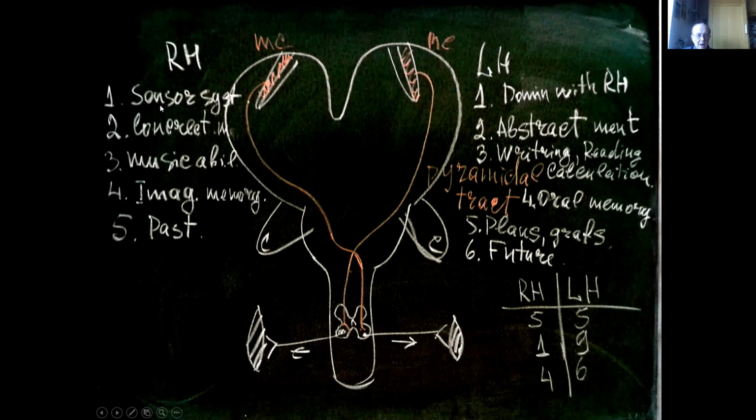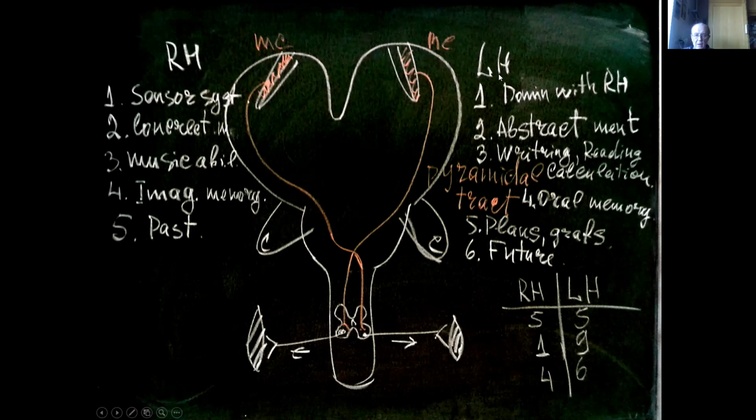But the right hemisphere depends not on the dominated motor cortex. The work of the associative cortex depends, first of all, on the sensory cortex, visual cortex, acoustic cortex, vestibular cortex, smell cortex, and so on.